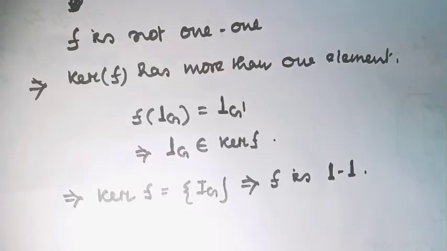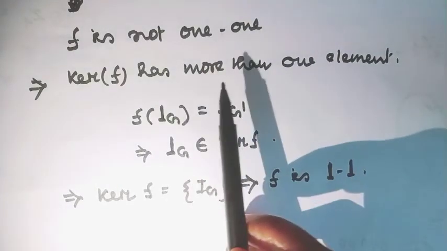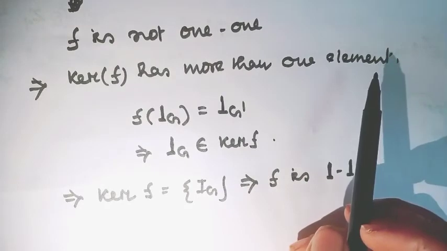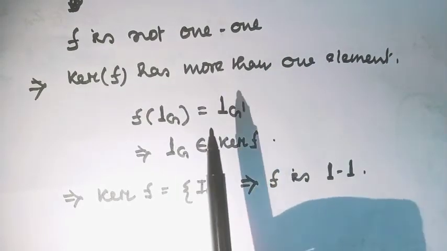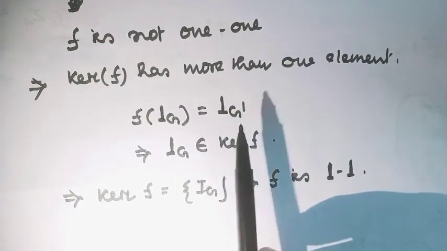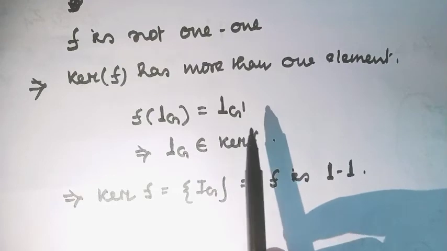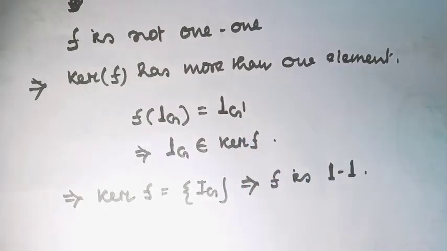Okay? If a homomorphism is not 1-1, it is not obvious that there exists more than one element which maps to the identity element. But if f is not 1-1, then the kernel of f has more than one element, and f of the identity in G is always the identity in Z dash. So the identity is always contained in the kernel of f.